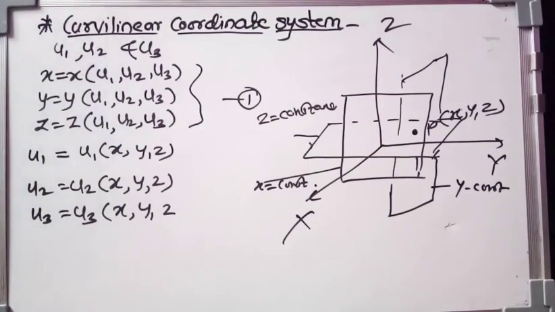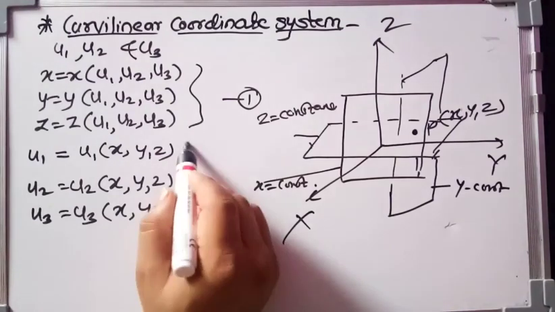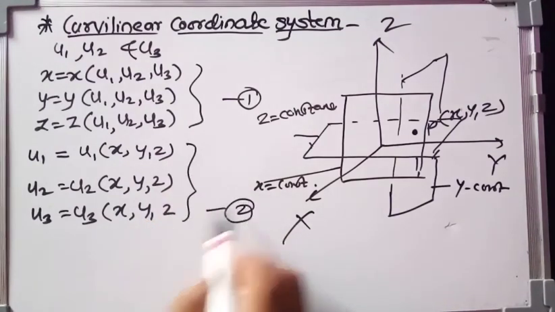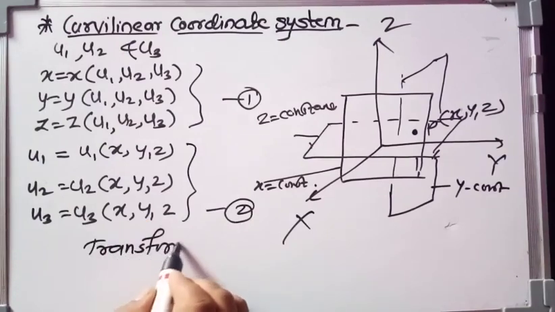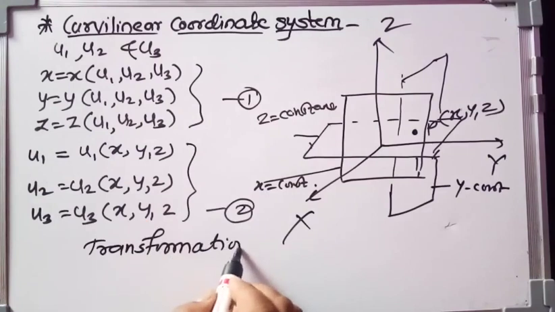Now each point P of x, y, z in space is associated with a set of coordinates u1, u2 and u3 in the new coordinate system. These equations 1 and 2 are known as transformation equations.